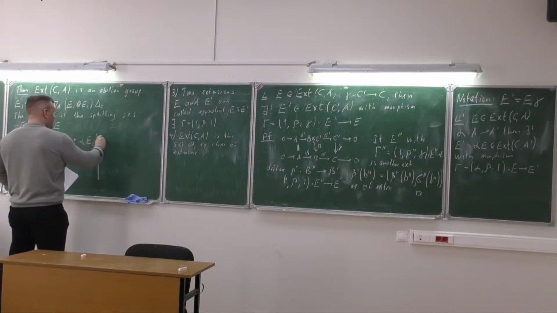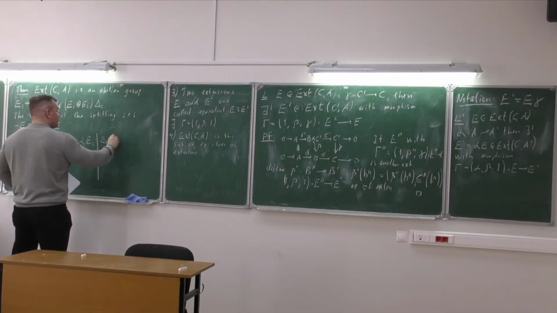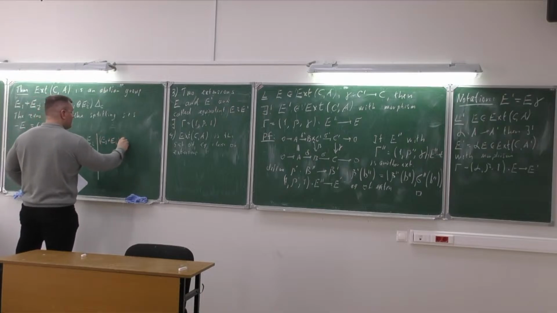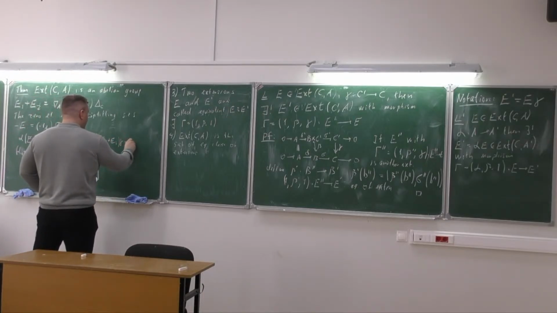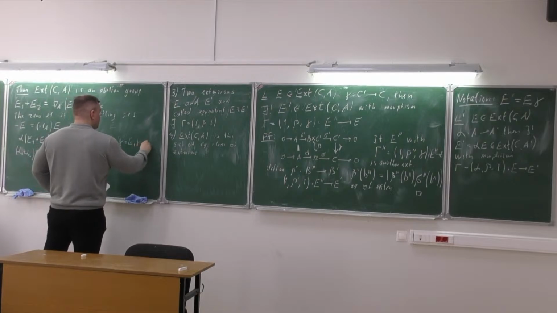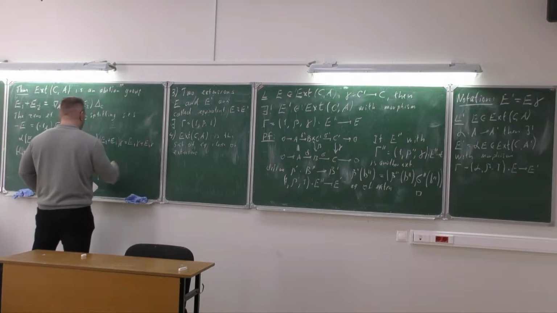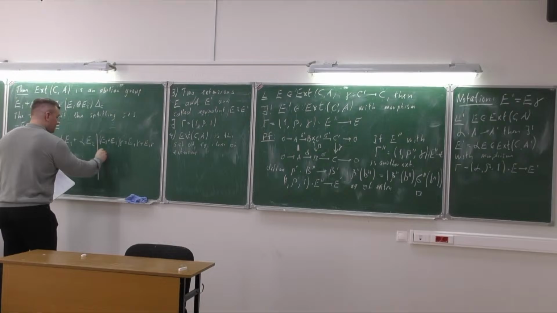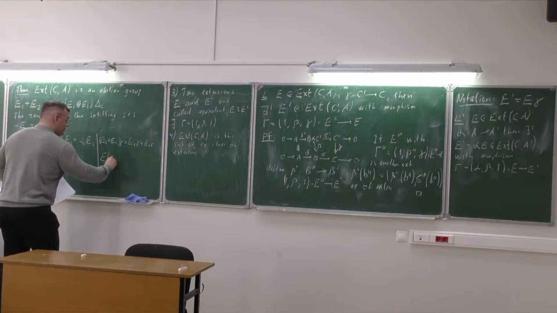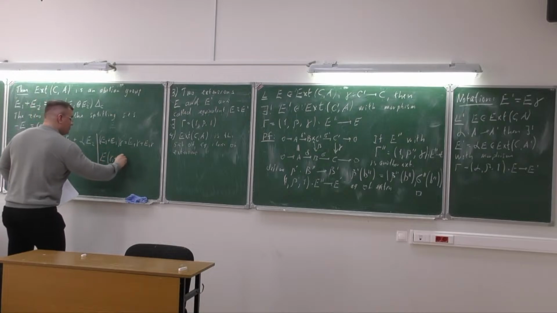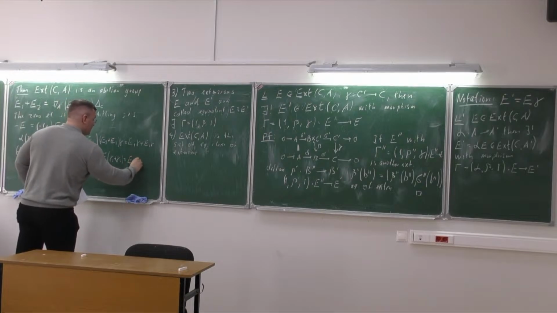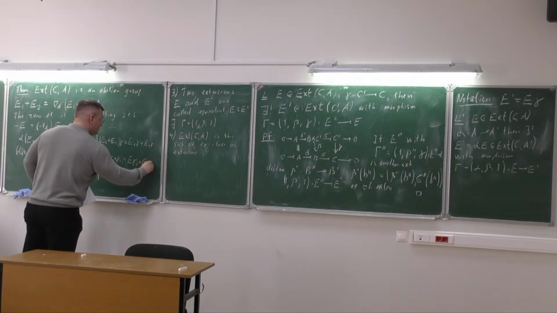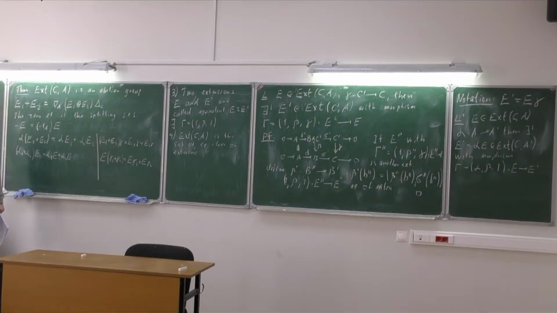Say E1 plus E2, you multiply this on the gamma on the right, you will get E1 gamma plus E2 gamma, and E, you multiply this on the sum of gamma 1 and gamma 2, you'll get E gamma 1 plus E gamma 2. Okay. Kind of trying to summarize all the properties of this abelian group in one statement.